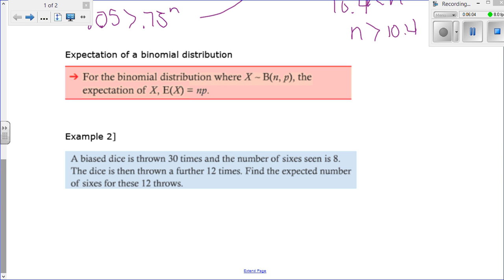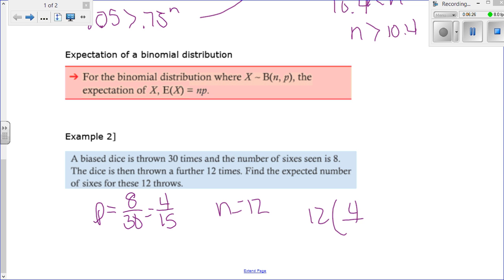Find the expected number of sixes for these 12 throws. So p is equal to 8 out of 30, which is 4 out of 15. So that's the probability it's going to happen. n is 12. So I'm literally going to take 12 times 4/15 and multiply.